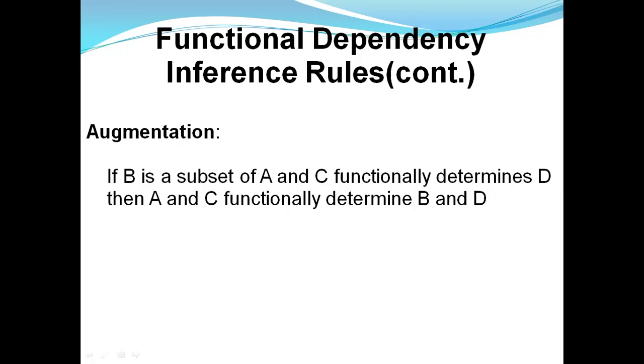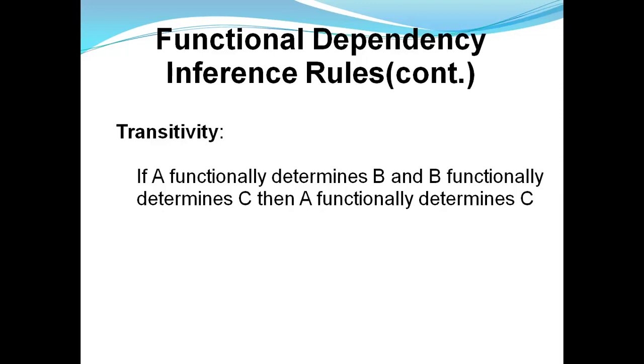Yes, just now we have seen with the help of reflexivity. And C determines D, this is given. So now if I get the value of A and C, can I determine the value of B and D? That is called augmentation. If B is a subset of A and C determines D, then A and C determine B and D. So simple.